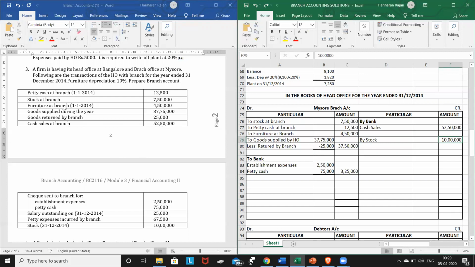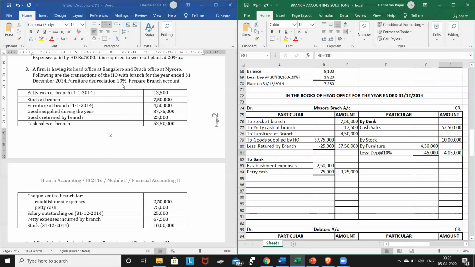Now, related to the asset, that is 4,50,000. The depreciation is how much? Furniture depreciated. Okay, it is furniture. Fine, we'll change it. Depreciation at 10%, 45,000. So 4,05,000. Petty expenses, so there is a note. Let's look into the note.